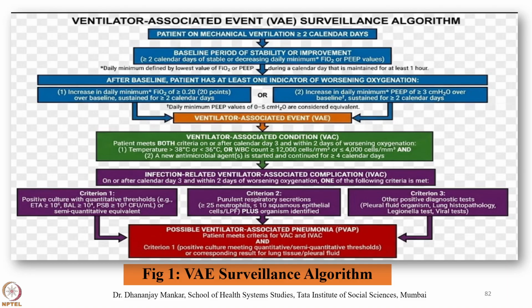And criteria 3 may be other positive diagnostic tests. For possible ventilator-associated pneumonia, the patient meets criteria for VAC and IVAC. The ventilator-associated event surveillance algorithm will give you the entire understanding of how to tackle this infection.